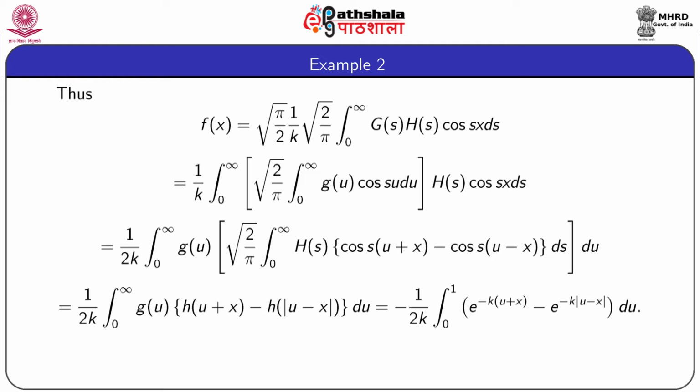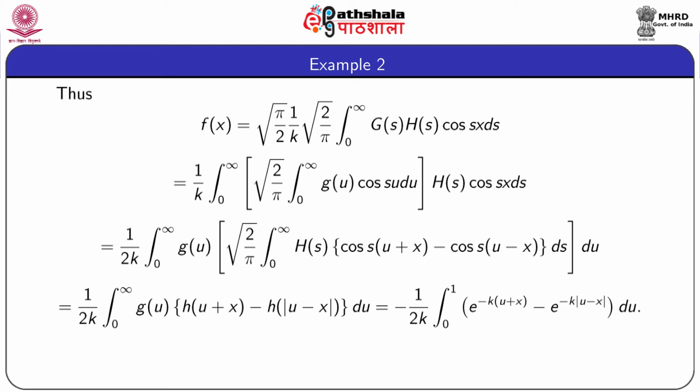So, we get f(x) equal to 1 by 2k integral from 0 to infinity g(u) into [small h(u plus x) minus small h(|u minus x|)] du. Knowing small g(u) and small h(u), this is equal to minus 1 by 2k integral 0 to 1 [e to the power minus k(u plus x) minus e to the power minus k|u minus x|].